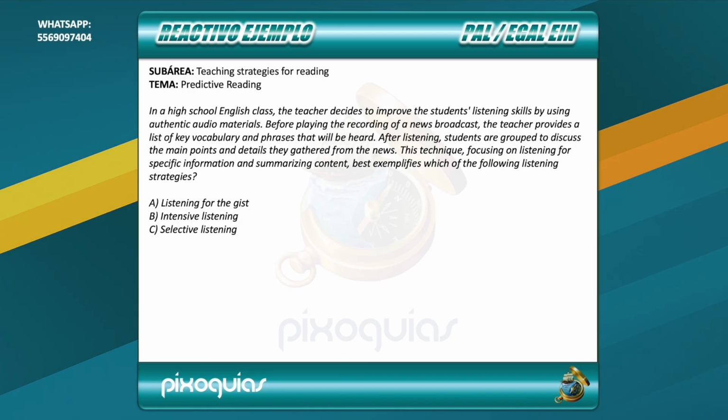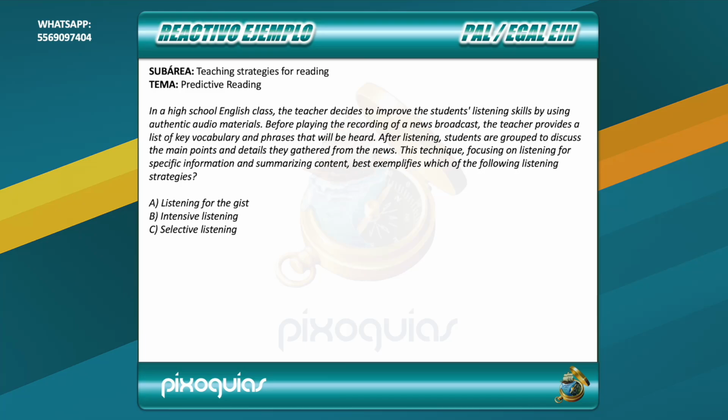For the next item, let's craft a direct questioning type of question, focusing on the sub-area teaching the language skills and the topic strategies to develop listening skills. In high school English class, the teacher decides to improve the students' listening skills by using authentic audio materials. Before playing the recording of a news broadcast, the teacher provides a list of key vocabulary and phrases that will be heard.